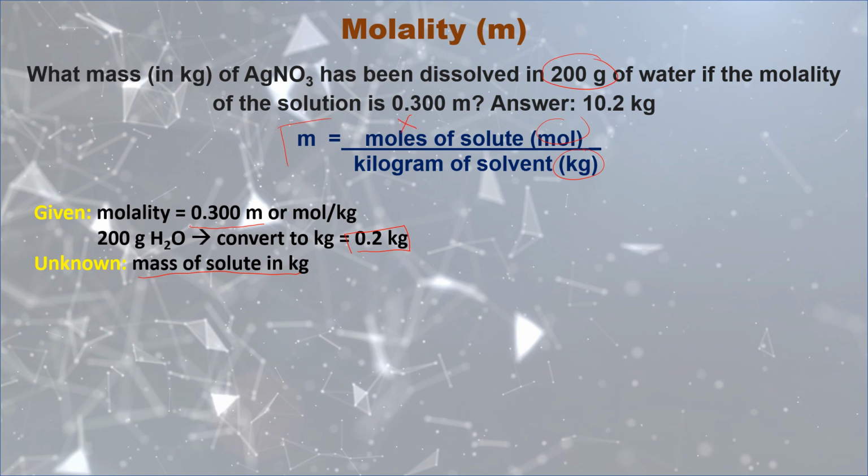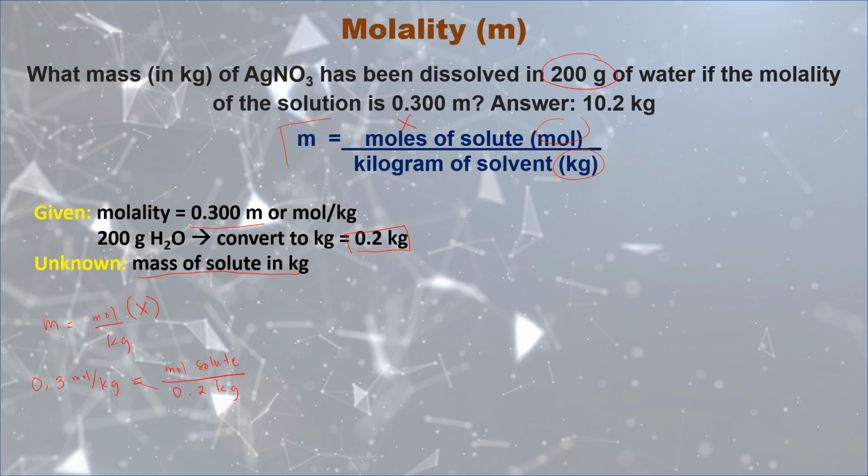Okay? So we are now going to solve first the moles of solute from this formula. Since m is equal to mole per kilogram, this is the unknown, and we represent it with letter x. Now the molality is already given, so that is 0.3 mole per kilogram equals the unknown, the moles of solute, over 0.2 kilograms.